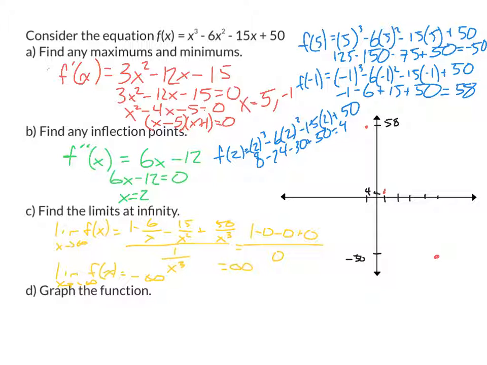And then finally, for part D, we're being asked to graph the function. What we can see is here on the left, we're headed toward negative infinity. On the right, we're headed toward positive infinity. And in the middle, I realize now that this is supposed to be 2 comma 4, so I graphed that incorrectly, but there's 2 comma 4.